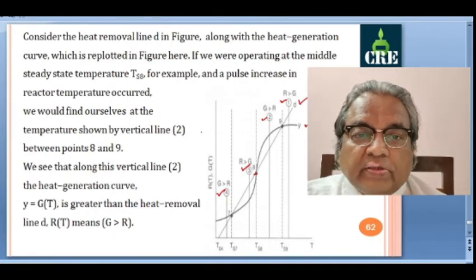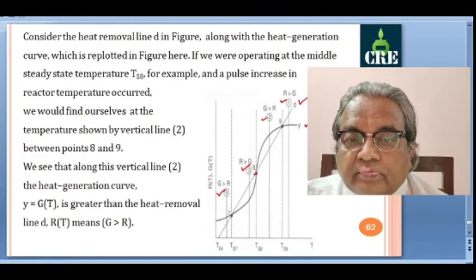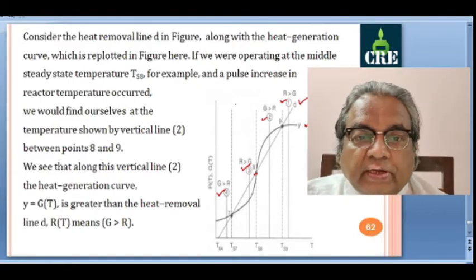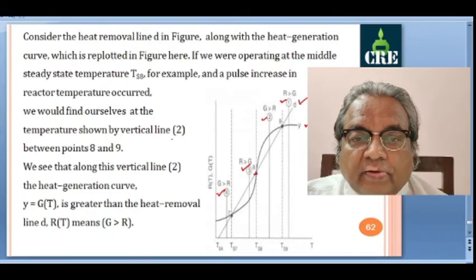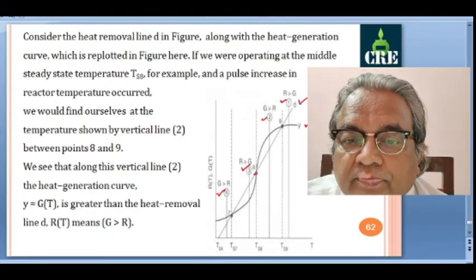If we are operating at the middle steady state temperature TS8, and a pulse increase in the reactor temperature occurred, we would find ourselves at the temperature shown by vertical line T2 here.